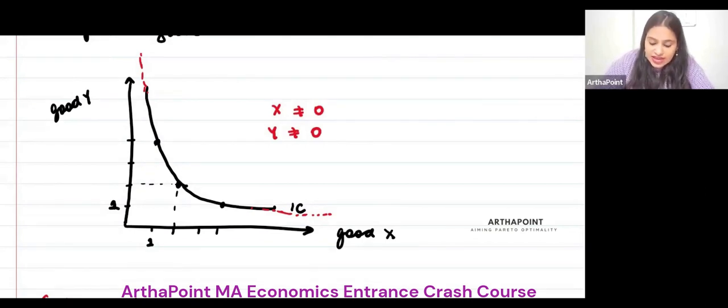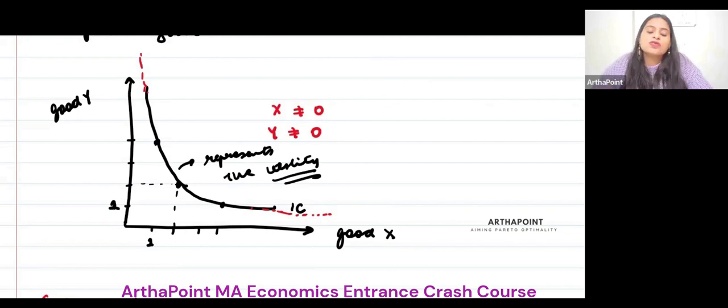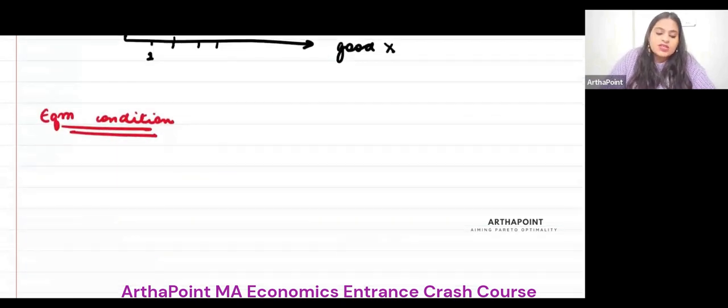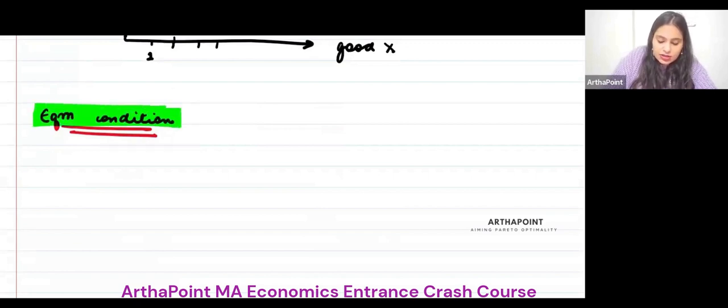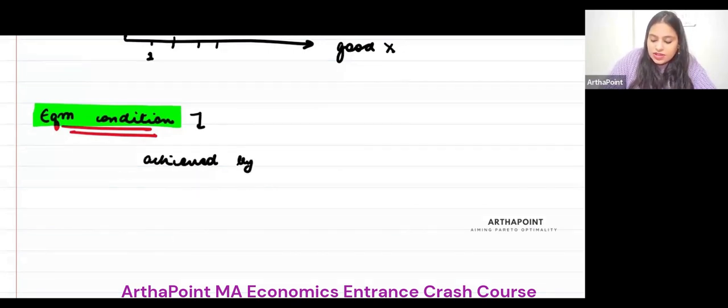And this IC represents positive utility. So we want to go closer and closer to the x-axis or y-axis, but not intersect the x or y-axis. Okay, let's talk about the equilibrium condition for such cases. So the equilibrium is achieved by the tangency condition.